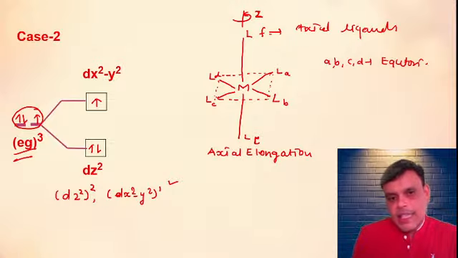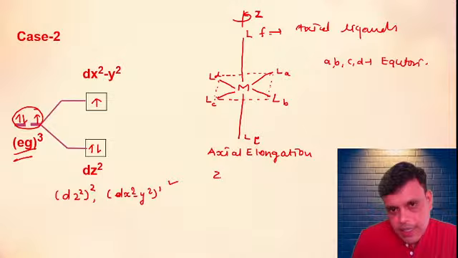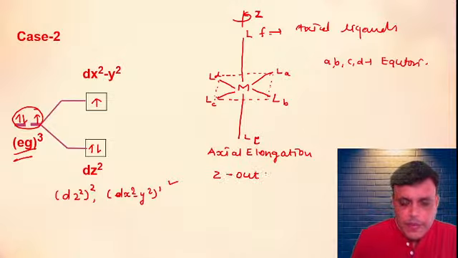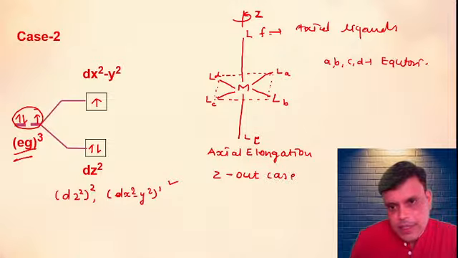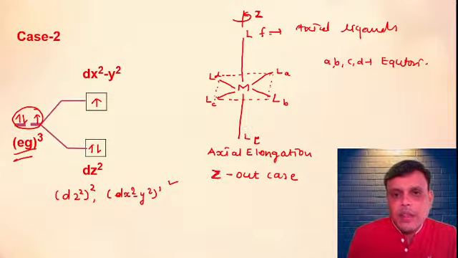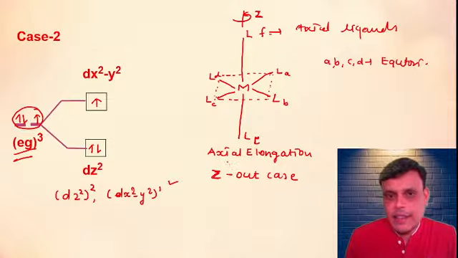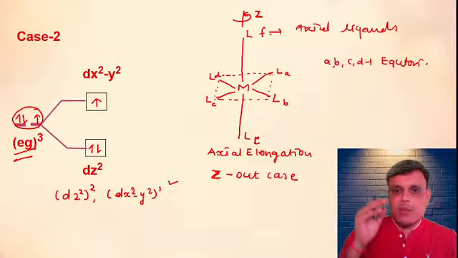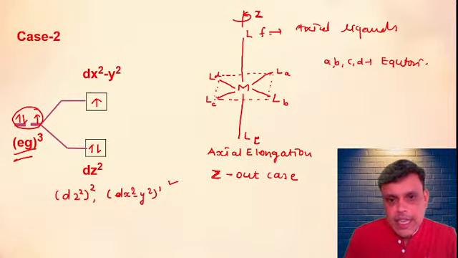So this case is called as a z out case. Why it is called as a z out case? Because the ligands on the z axis, they come out, so it is called as a z out case. It is also called as axial elongation.